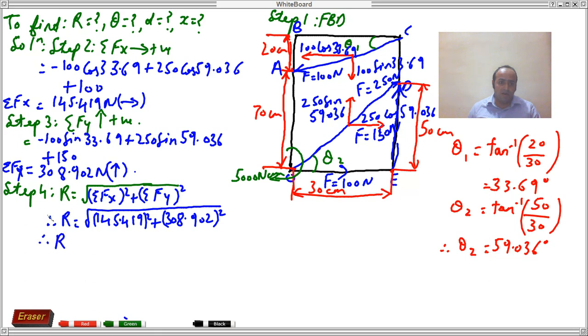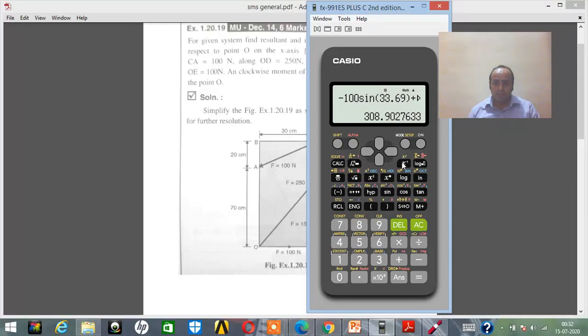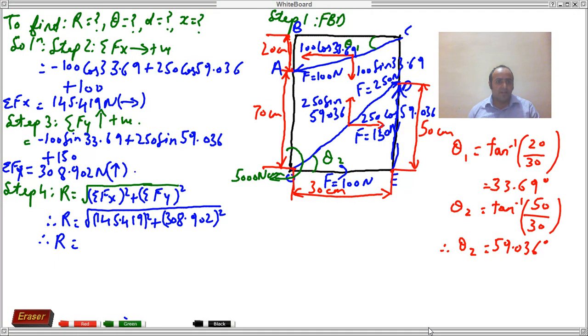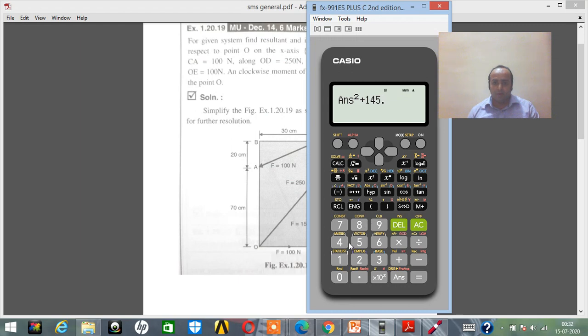Therefore R is equal to the square root, and the answer is over here: 341.419.